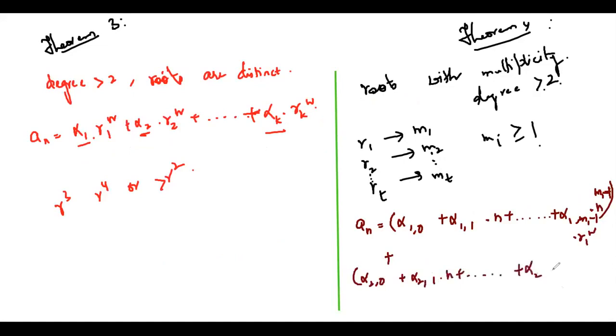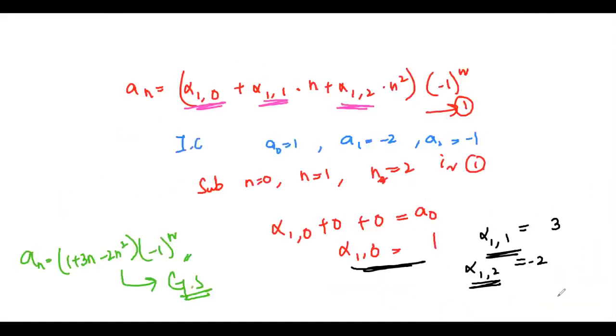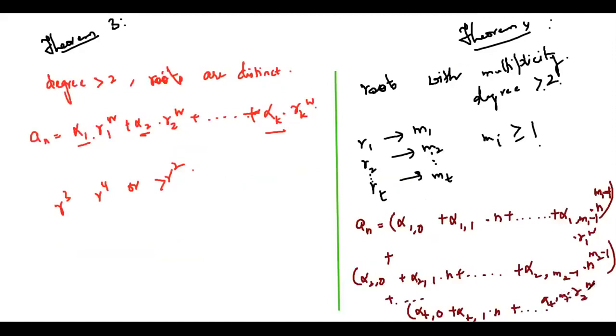The same way it should be 1 less than the multiplicity, into n power m2 minus 1, whatever root value, alpha 2 comma 2, then it will be n square, into r2 power n, plus and so on. Lastly, you have t roots, so you have to write alpha t comma 0 plus alpha t comma 1 into n, plus and so on, alpha t comma mt minus 1 into n power mt minus 1 into rt power n.